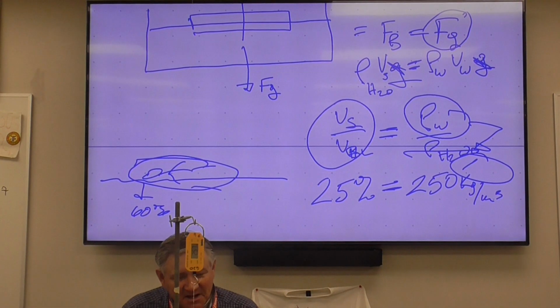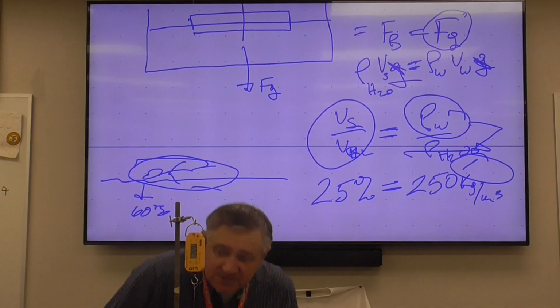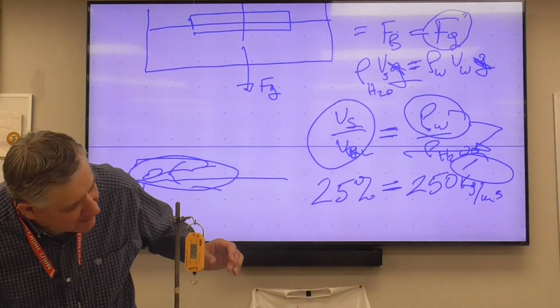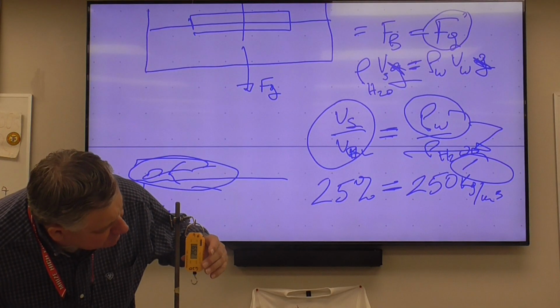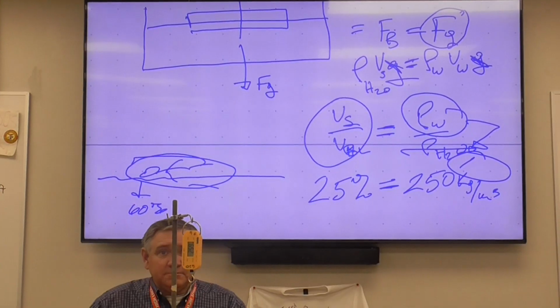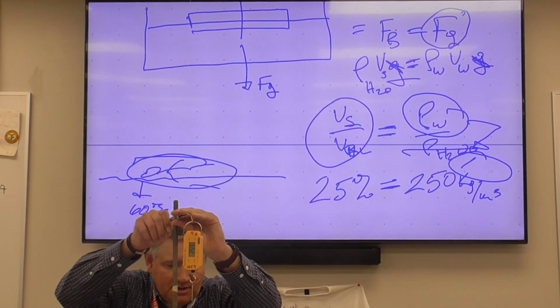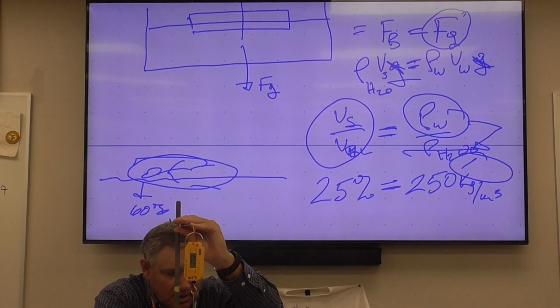Now, here's what I'm going to do. I'm going to take that iron, which we said weighs 2.57. I'm going to lower it until it's about half submerged in the water.